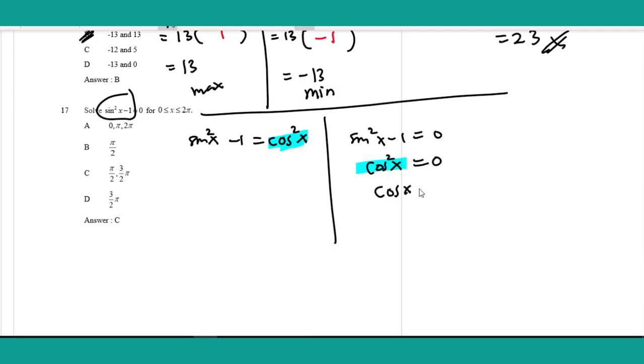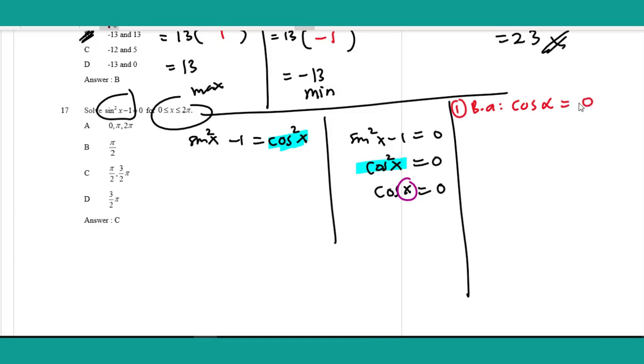Then cos x is equal to 0. Okay, and then basic angle. One is to find the basic angle: cos alpha is equal to 0. Alpha is equal to 90 degree or pi over 2.